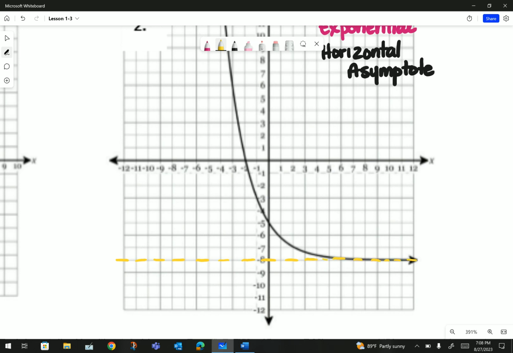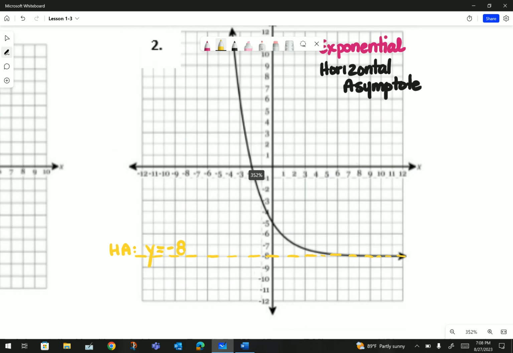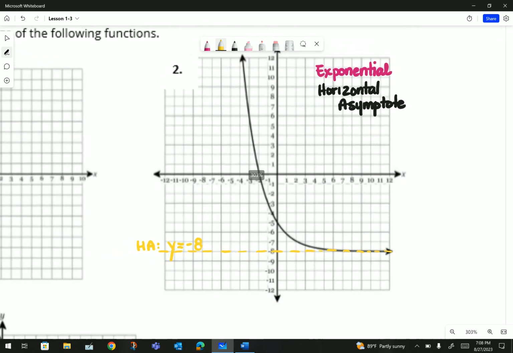And we notice that this dashed line is going through y equals -8. So I'm going to write down here y equals -8 is my horizontal asymptote. Okay, so I've identified my horizontal asymptote. Let's move on to determine domain and range. So domain, how far left is this graph going to go?